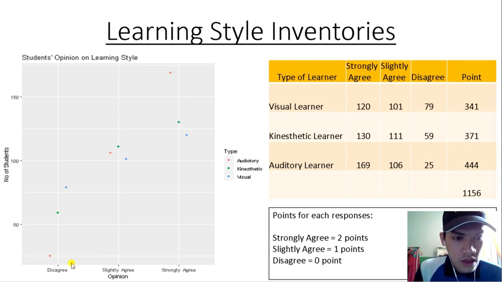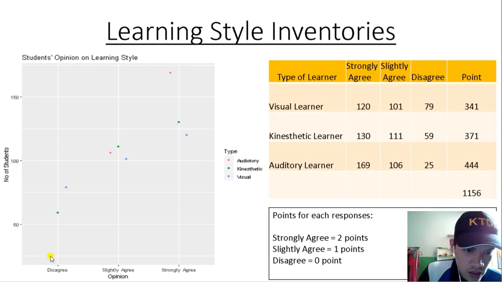The dot determines the number of students; for example, this dot shows how many students disagreed on the auditory questions, and this one how many disagreed with the kinesthetic questions, and so on.